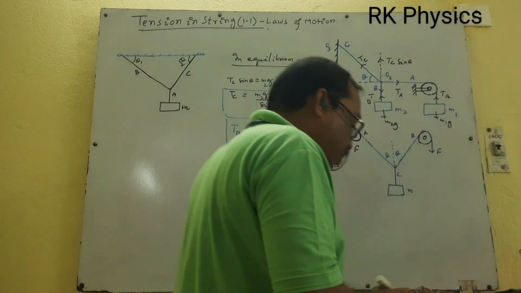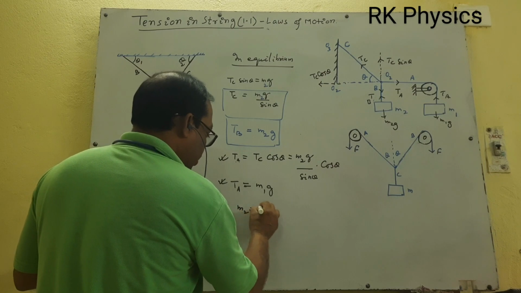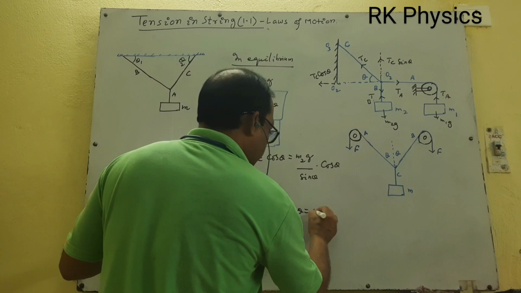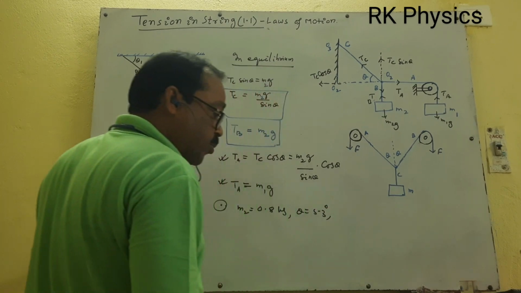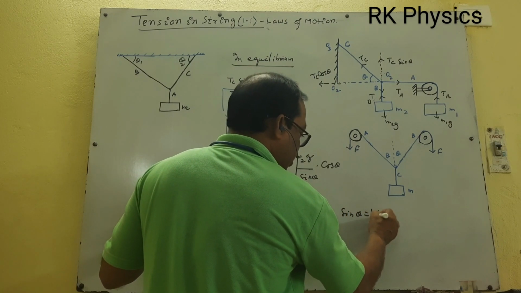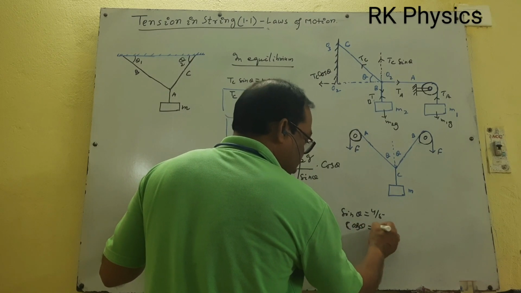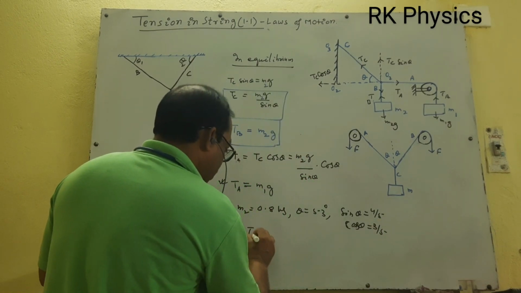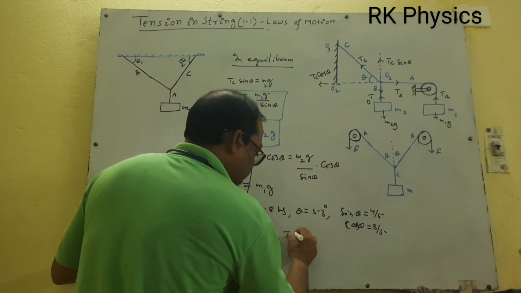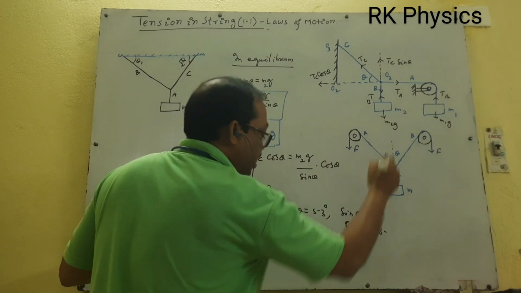Now I am giving a problem for you. Put M2 equal to 0.8 kg and theta equal to 53 degree. If you put theta equal to 53 degree, where sin theta comes, you put 4 by 5, cos theta you put 3 by 5, and find out TA, TB, TC, and lastly M1.